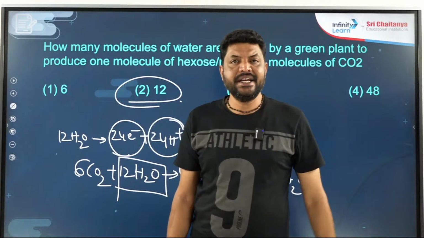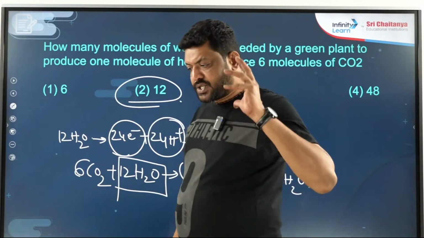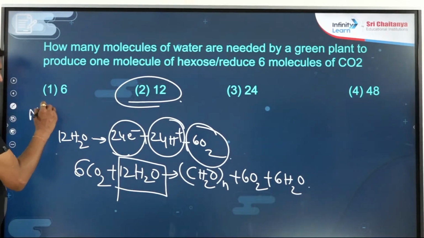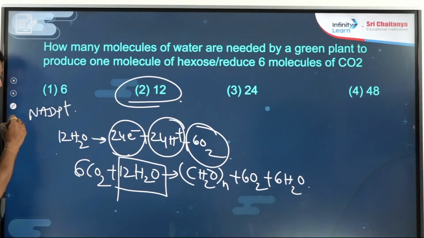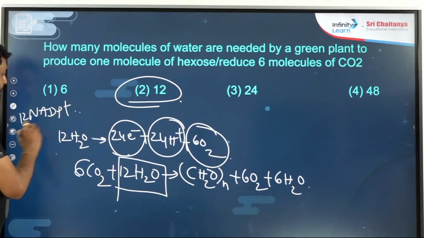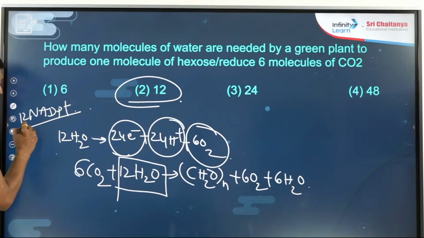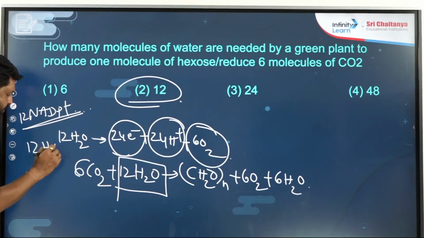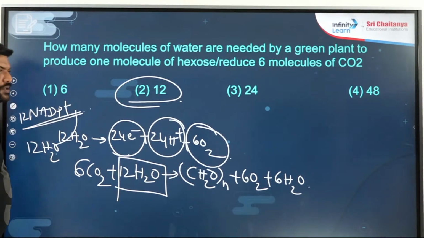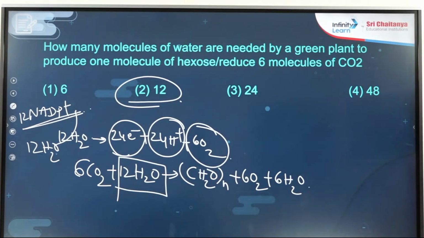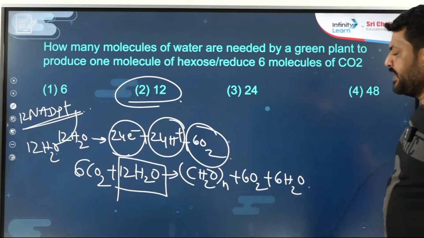In intact plants, the strong and powerful hydrogen acceptor is NADP plus. So how many NADP plus are required for dark reaction? 12 NADPH2 is required for dark reaction. NADP plus, how many? 12. So 12 molecules of water have to be photolyzed to produce 24 electrons and 24 protons to convert the 12 molecules of NADP plus into 12 molecules of NADPH2.